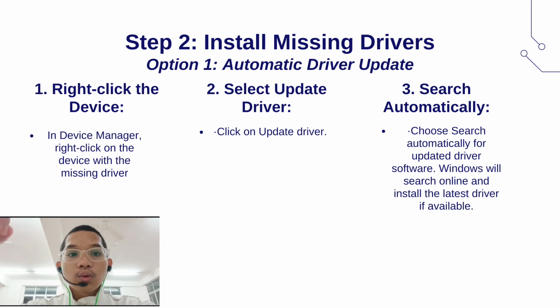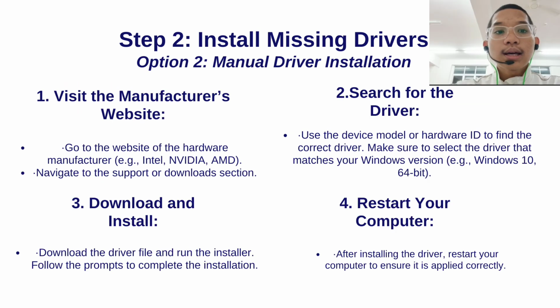If this is not working, you can go to the next method, that is manually download from the manufacturer's website. Firstly, know your brand of computer and then go to the computer manufacturer's website.